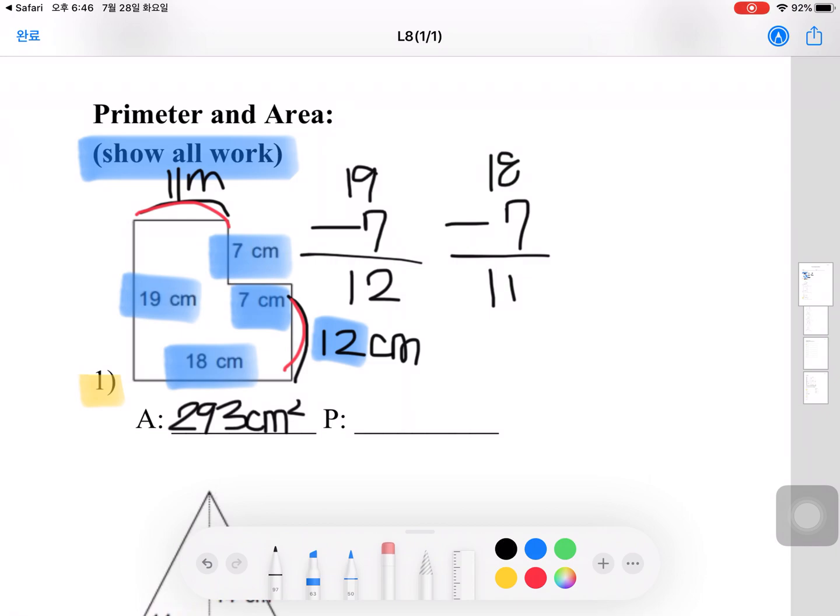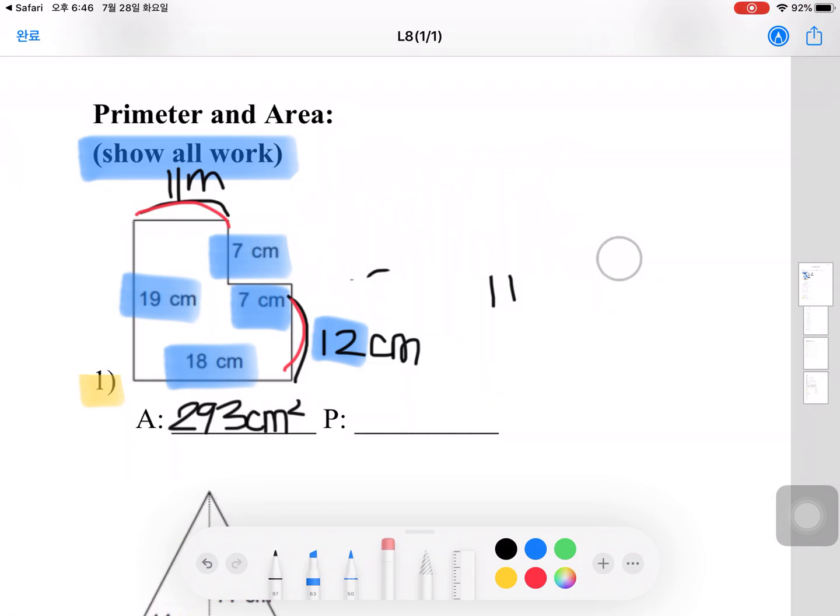Now that we have all of the sides, we can just add all of them up. So 19 plus 18.